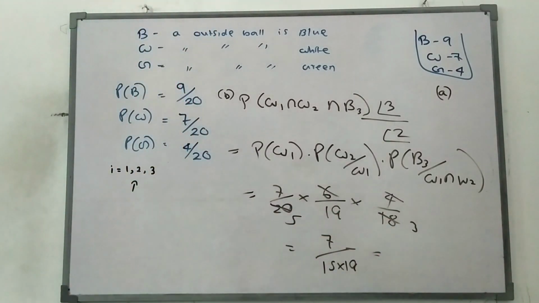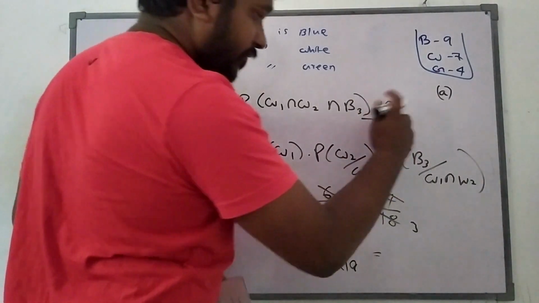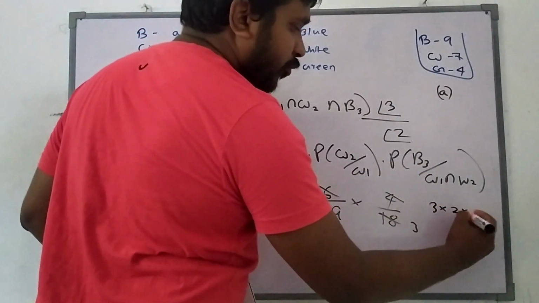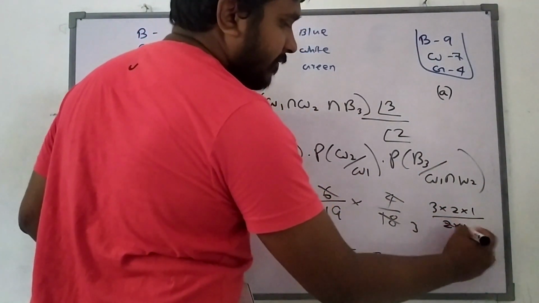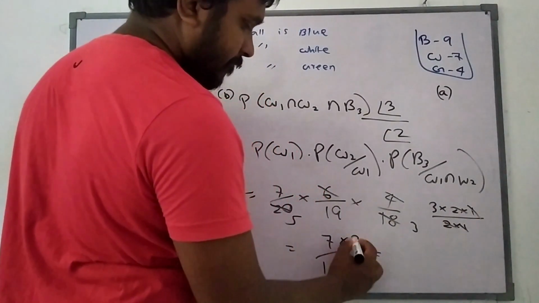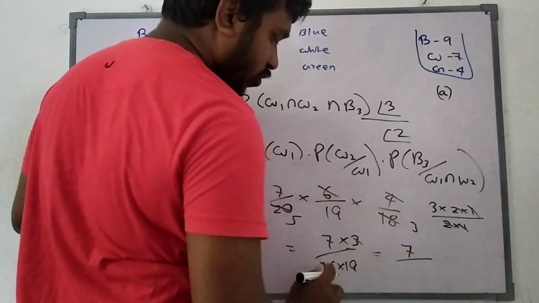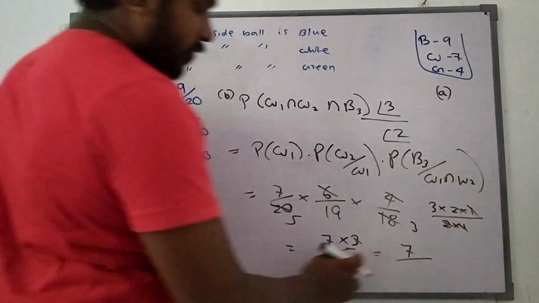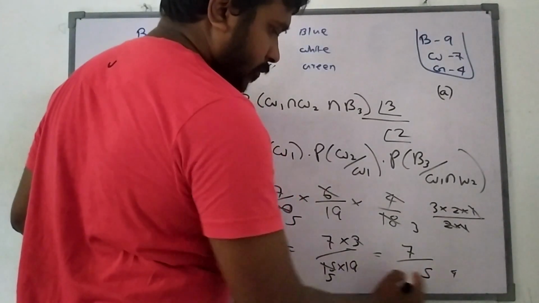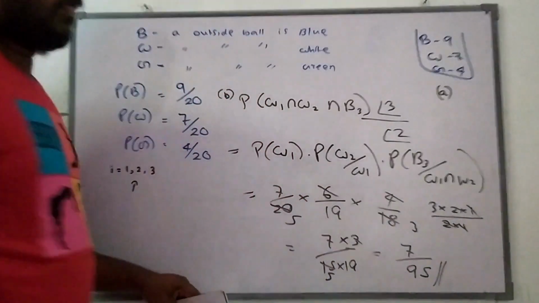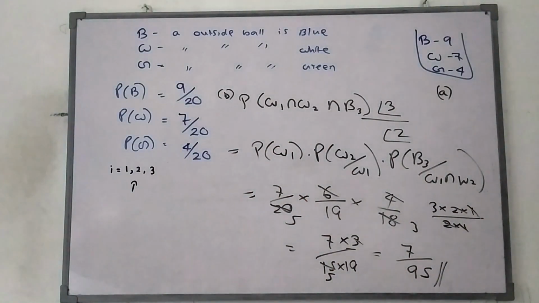So this is the answer of part B. The probability of selecting, I'm sorry, I forgot the factorial 3 over factorial 2, that is 3. Into 3, so 7 over 95. 7 over 95 is the answer of part B.